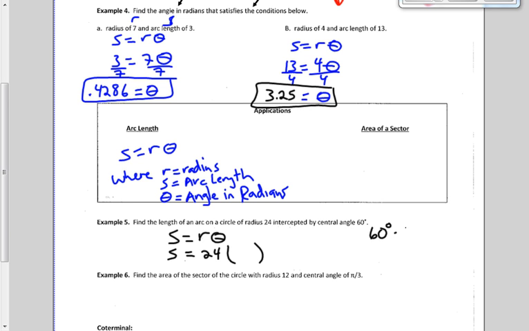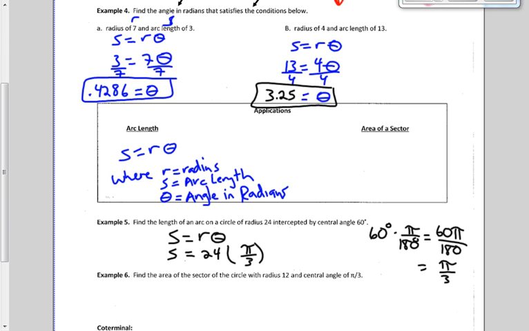So I do that by the work that we just did before. I multiply by pi over 180 degrees, which gives me 60 pi over 180 because the degrees cancel out. And then 60 goes into 180 3 times, so I get pi over 3. So I'm actually multiplying this by pi over 3.